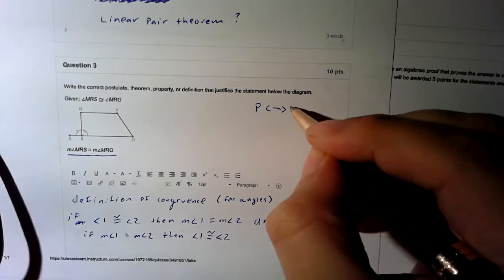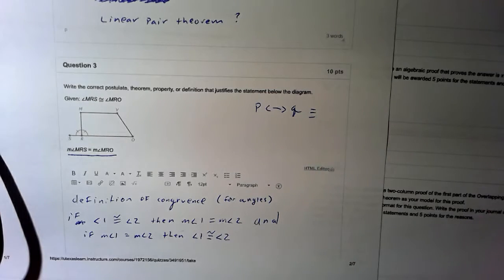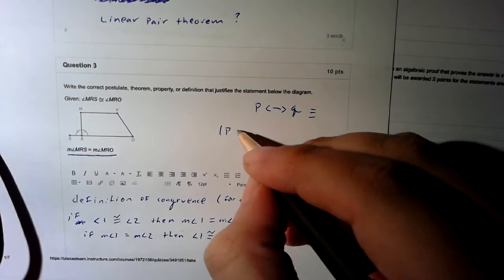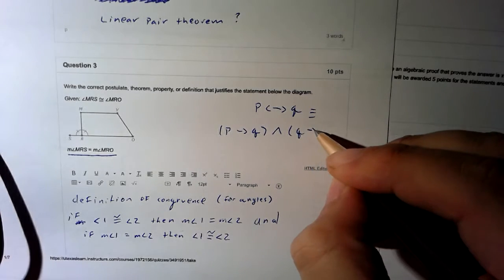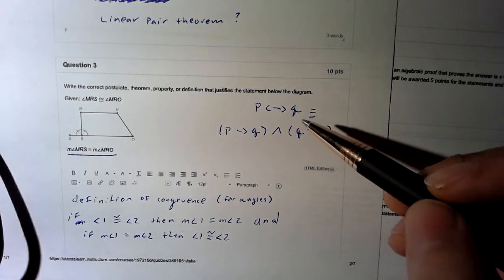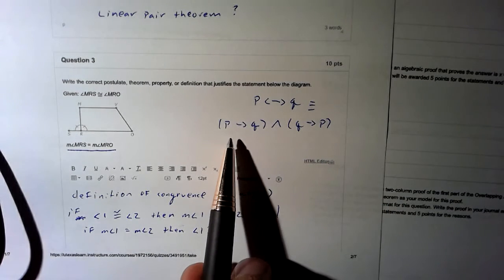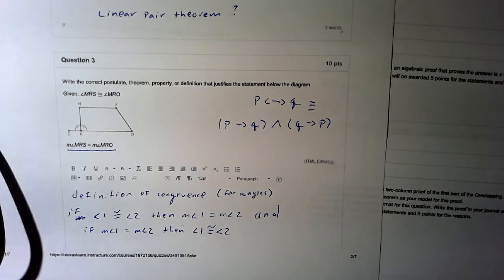So biconditional statement is P if and only if Q, which is logically congruent to the statement P implies Q and Q implies P. So whenever you see a biconditional statement, it just means that the original conditional statement and the converse are both true.